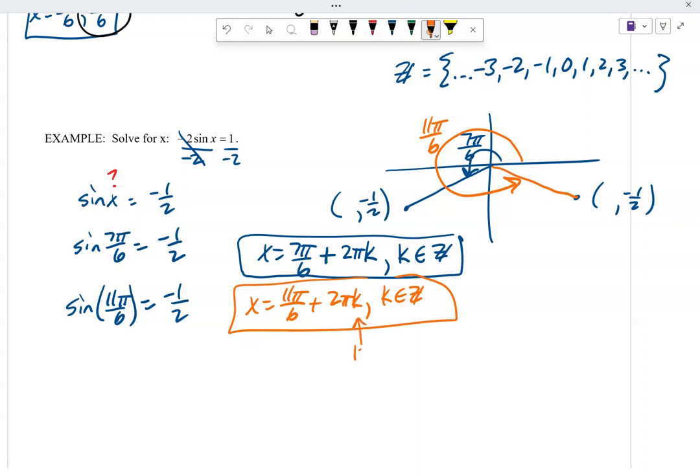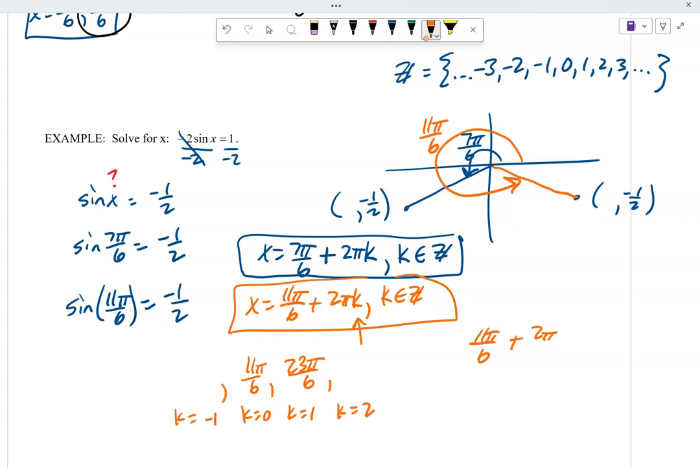For example, if k is 0, then we got 11π/6. If k is 1, then we got 11π/6 plus 2π times 1. 11π/6 plus 12π/6, so 23π/6. And we could keep going, k being 2 and so on. We go in the other direction.